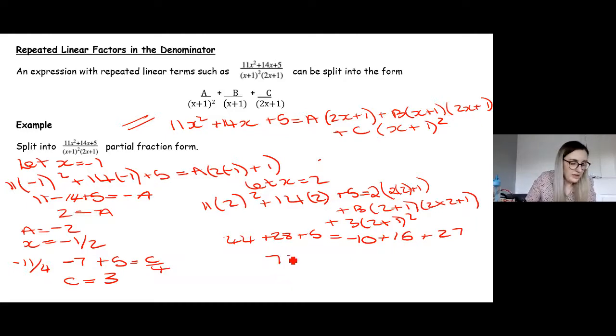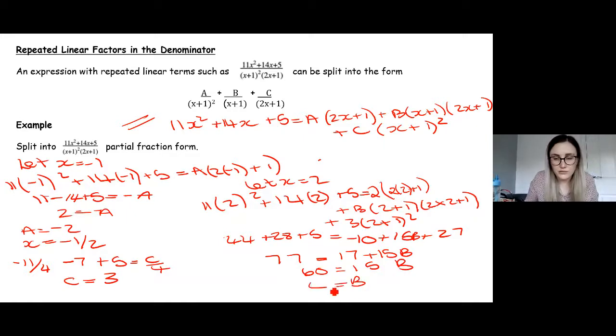So that's going to be 77 equals 17 plus 15b. So if I take that over, 60 equals 15b. So then b is equal to 4. Okay, so now I've solved that.